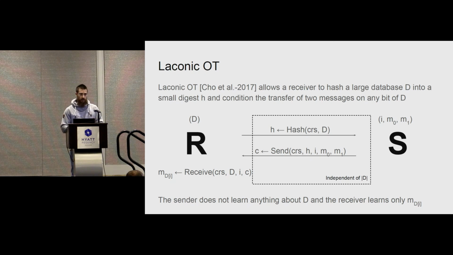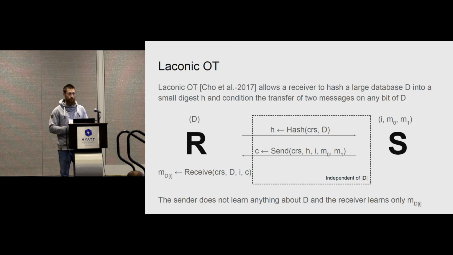And once he receives the hash of the database, he can compute what you can think of again as a second message of an OT, and send it back to the receiver. Now the receiver, given this message, is going to be able to decode only the message corresponding to the index of his own database. So if the ith position of the database was 0, he will recover M0.